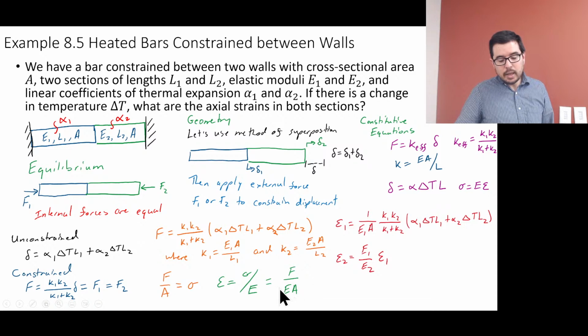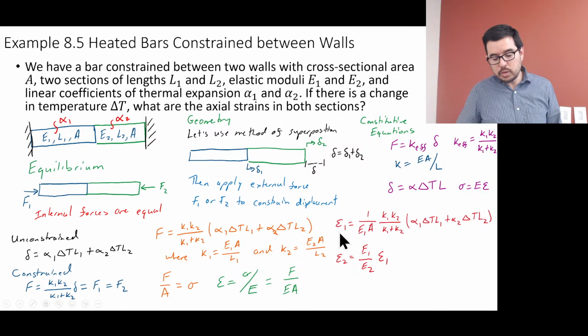We need to figure out the individual forces, which are this big expression here: F equals K1 times this whole thing. And we have an E and A, so if I have the appropriate E1 and A1, and I know what the force is, I can figure out what epsilon 1 is.